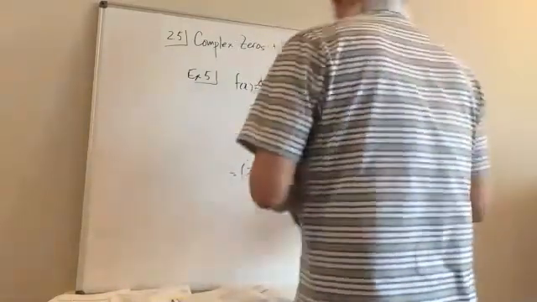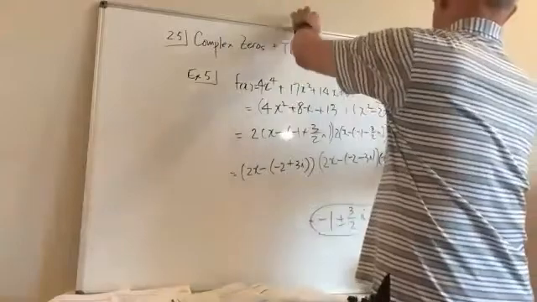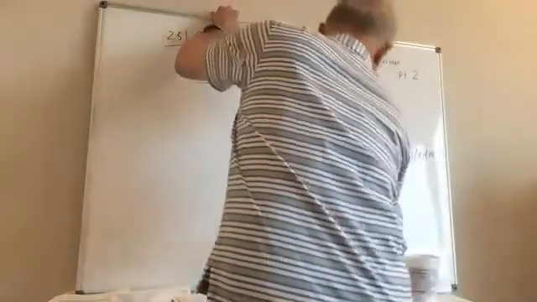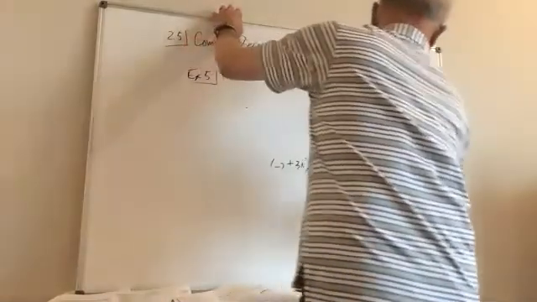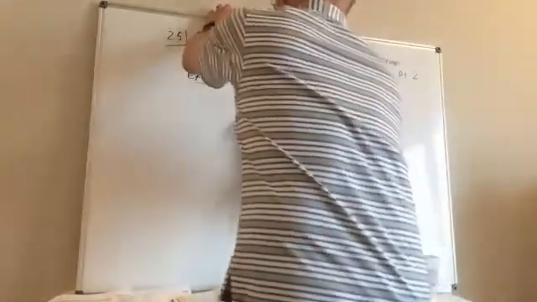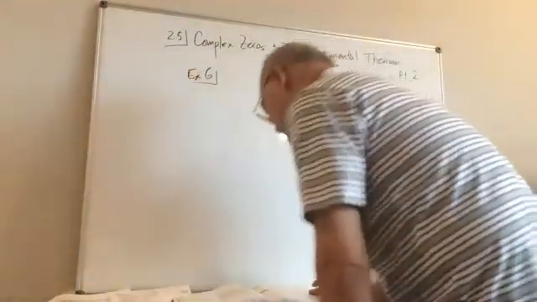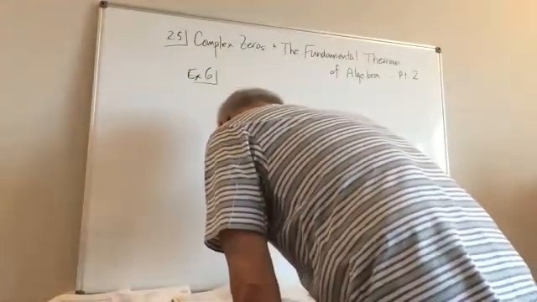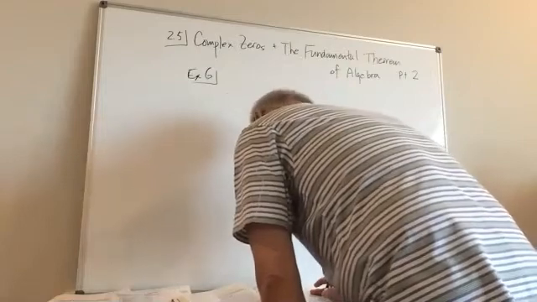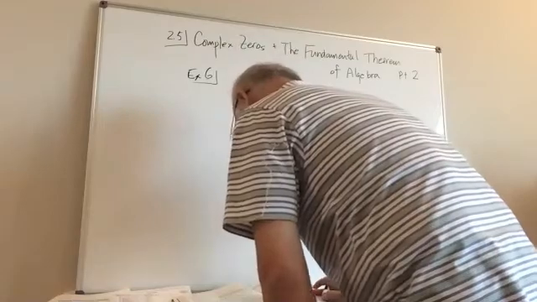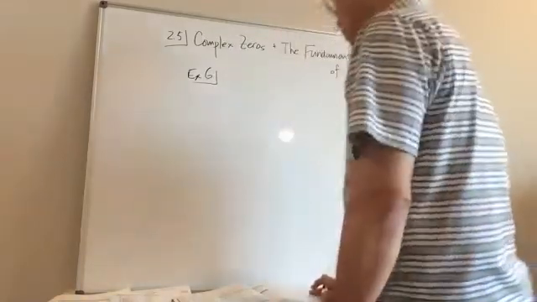We're going to do example number 6 and see how this works. Example number 6: write f as a product of linear and irreducible quadratic factors with real coefficients.